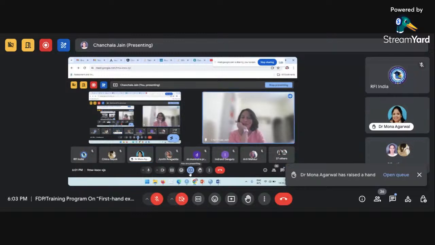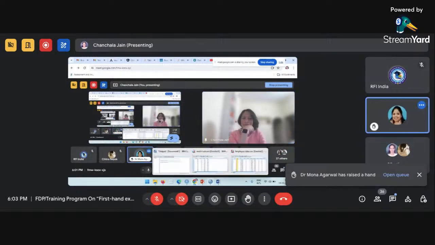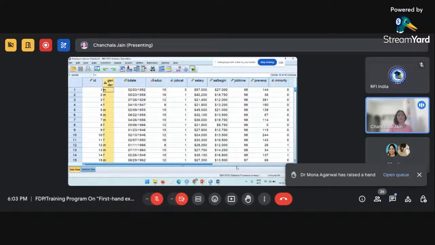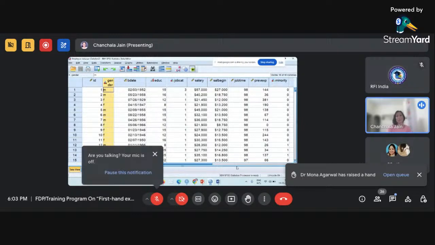Very good. It's Mona ma'am, right? Very correct. So we can say there is no significant difference in the mean salary of male and female, or there is no significant difference in the mean salary of male employees and female employees. This would be the easier way of making the null hypothesis.